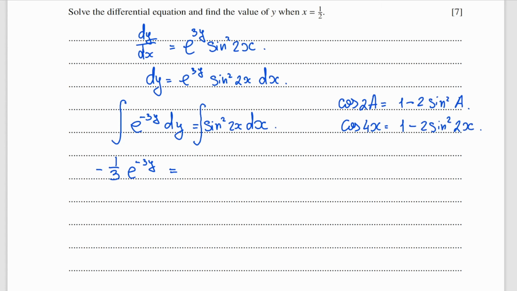Because notice how the angle on the left-hand side is the double of the one on the right-hand side. That's why it's called the double angle formula. And now using this formula, we can rearrange it and make sine squared 2x the subject, and substitute it into our integral.